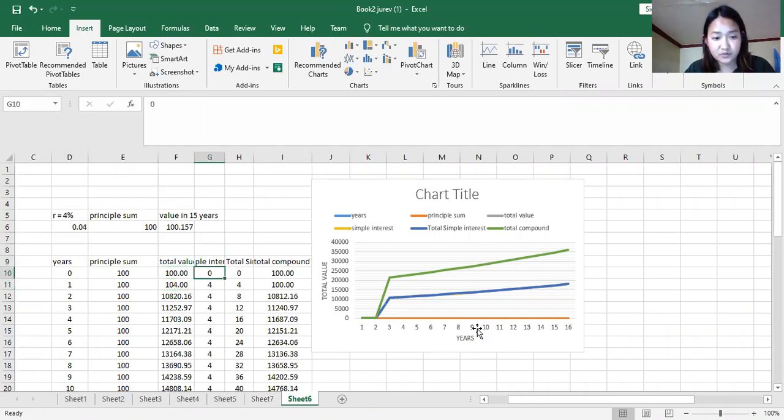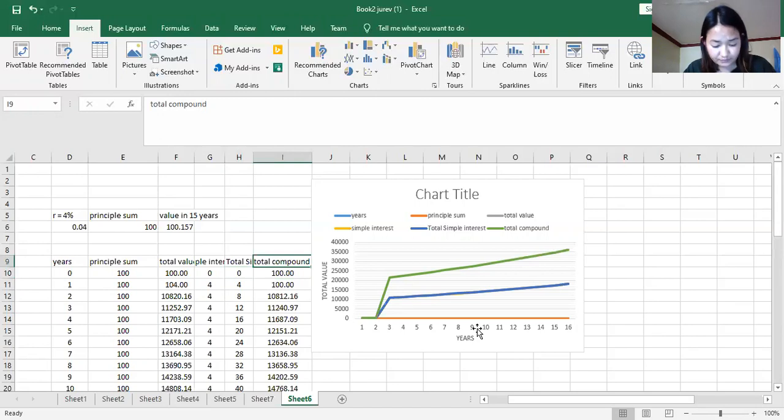And for simple interest, I have calculated by principal sum times rate. As you can see there, I've used the formula. And for total simple interest, I've added the 0 value and then added the sum of simple interest.